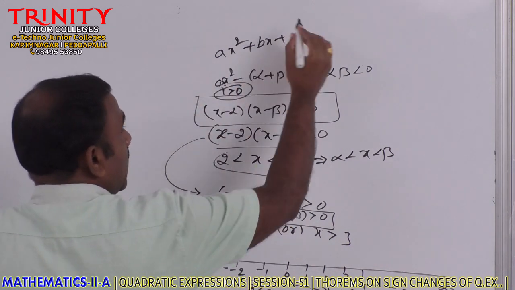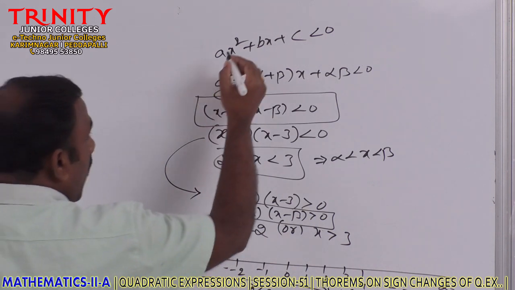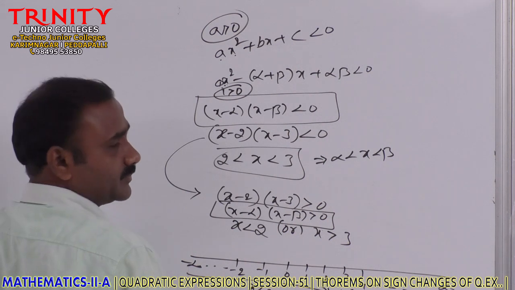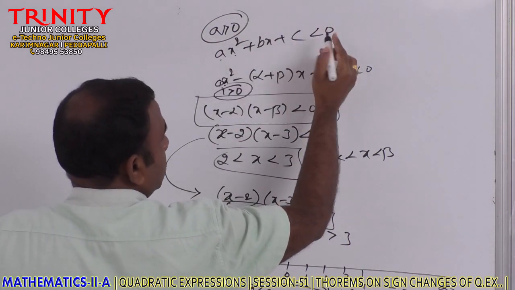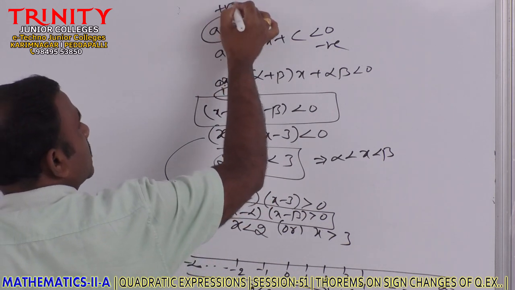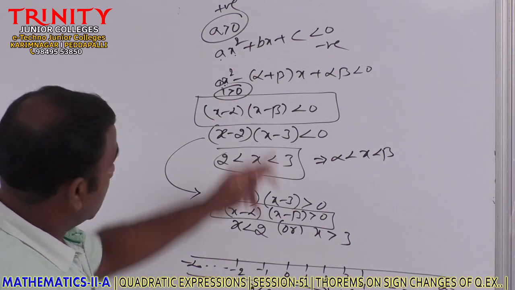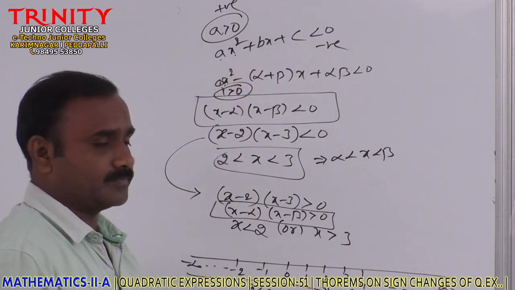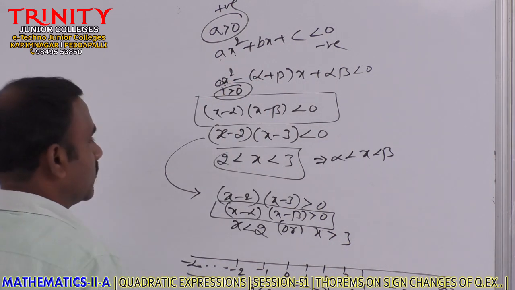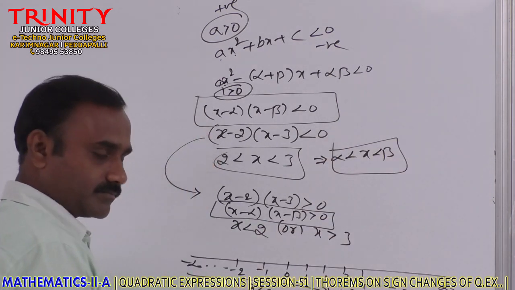The expression is less than 0, that is negative, and the coefficient of x square is positive. Same sign or opposite sign? Opposite sign. When the expression is negative and the coefficient a of x square is positive, then x always lies in between alpha comma beta.